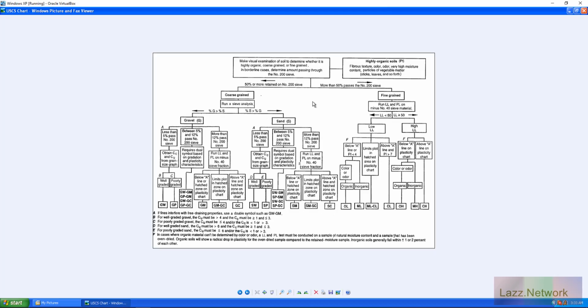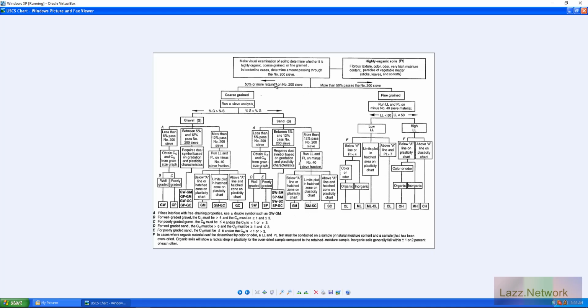Even if we start with the same premise as before, say we had 45% passing the 200 sieve, and we did our sieve analysis, in other words, determined what is passing the number 4. If a high amount passes the number 4, say 90%, it's classified as a sand, which starts with S, and then it follows the exact same procedure.